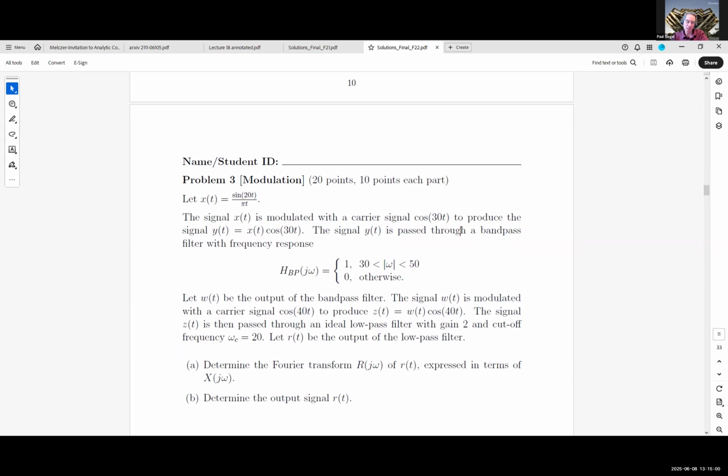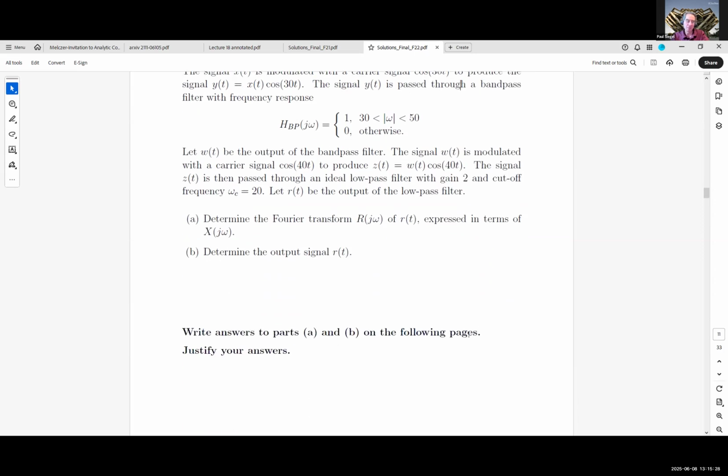The output is called W of t. That is then multiplied by another carrier, cosine of 40, and the result is passed through an ideal low pass filter with gain 2 and cutoff frequency 20. R of t is the output of that whole configuration.